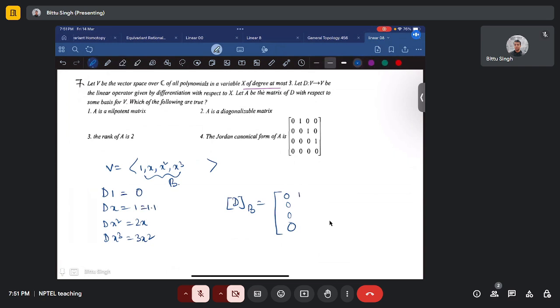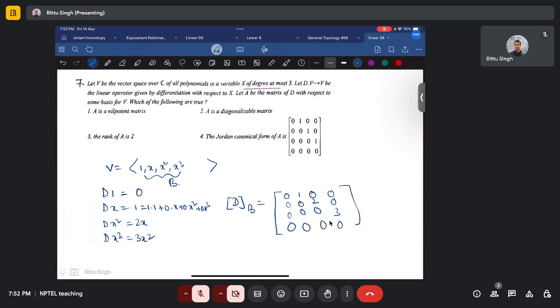This can be written as 1 times 1 plus 0 times x plus 0 times x square, 0 times x cube, like this. So 0, 0, 0. Just put it in the row. And similarly 2x means 2 will be here and others are 0. 3x square means 0, 0, 3. Okay, it is actually done.